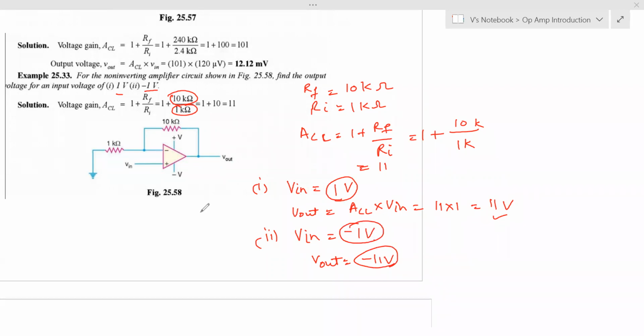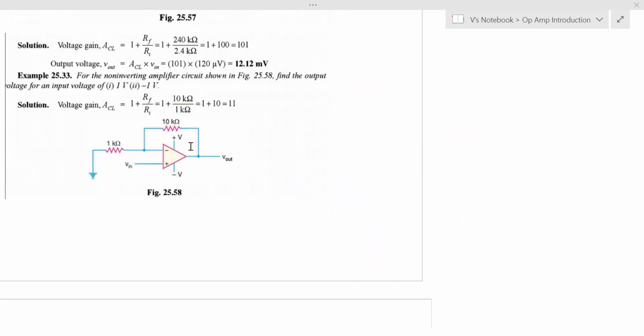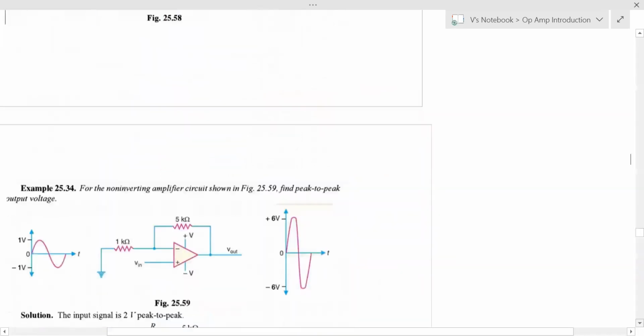That means whatever sign your input has, your output will have the same sign. Okay. So that is voltage follower. Oh, sorry, that is non-inverting amplifier. It is amplified with this gain. In case of voltage follower, no amplification is done. That's why this problem is taken just for sign change. There is no sign change.